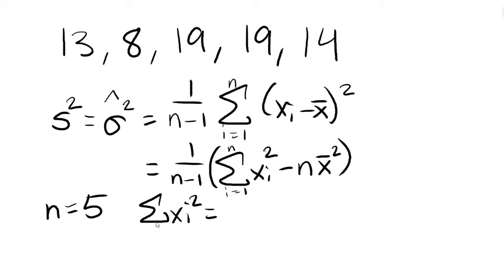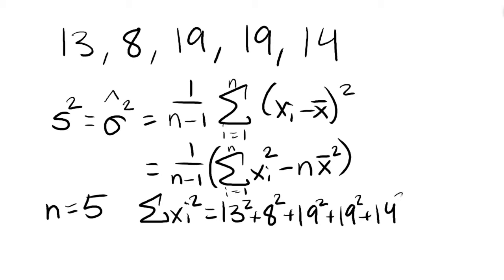The sum of xi squared will be 13 squared plus 8 squared plus 19 squared plus 19 squared plus 14 squared. And we just calculate that with a calculator, and we would get 1151.